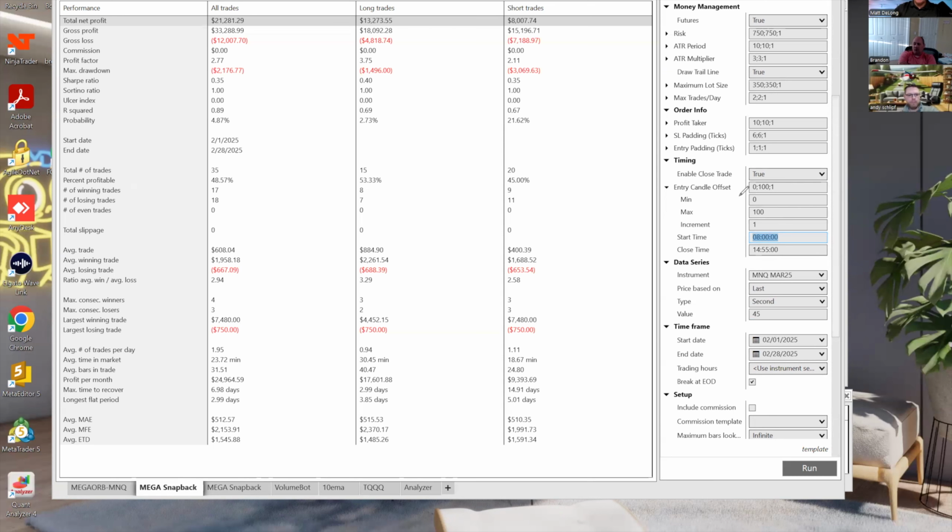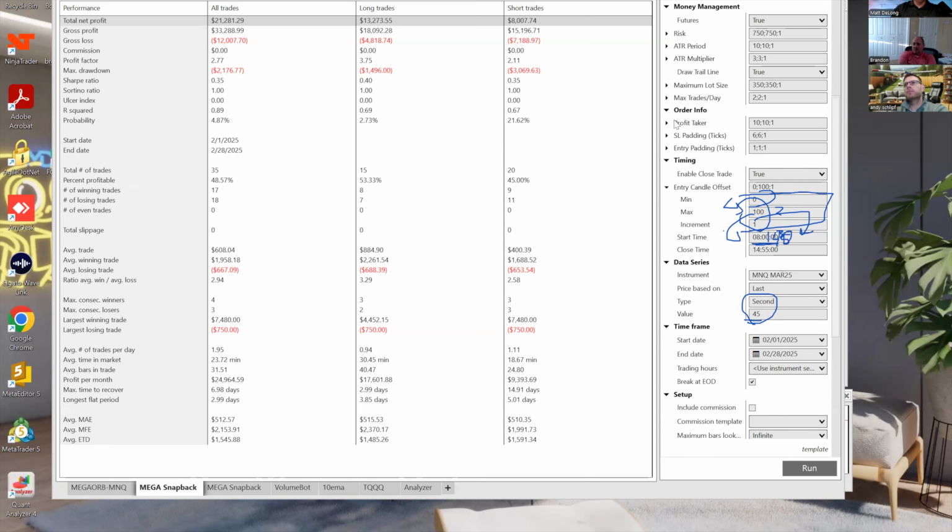If we have 1, it'll be 8:00 and 45 seconds. Why 45 seconds? Because we have 45 seconds here. If we say 2, it would be 8:01 and 30 seconds, so two 45-second candles, a minute 30 added to the start time. In this case, it'll systematically go from 0 to 100 and add every possible combination. That's how it'll cycle through.